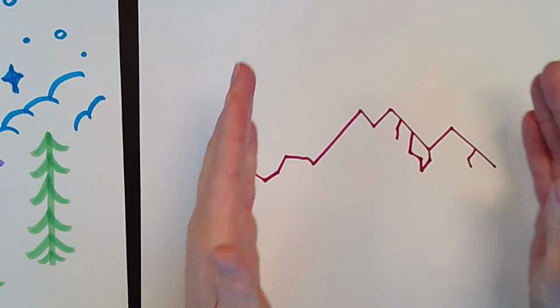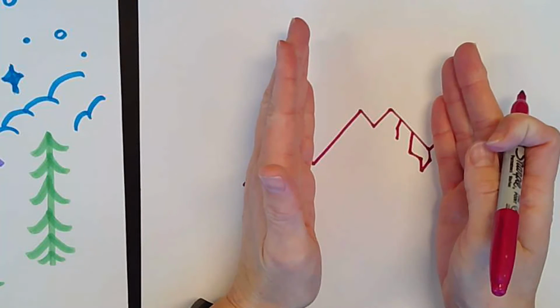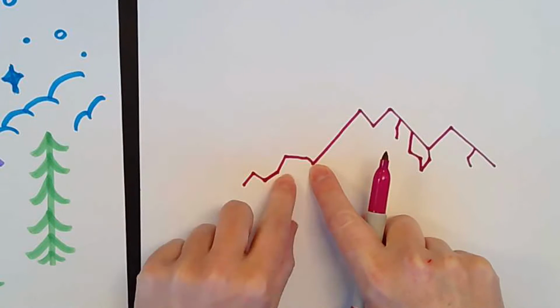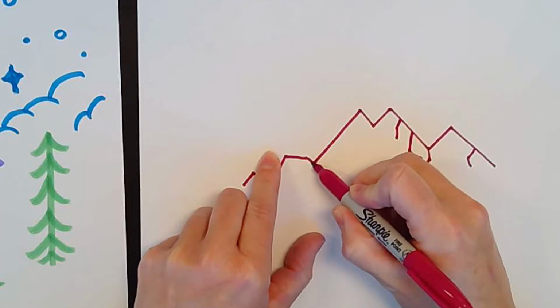Okay, so when we're looking at it, you see that capital letter M we started with? Find your capital letter M, and we're going to go over to this section right here, beside where we have this horizontal. I'm going to come down.